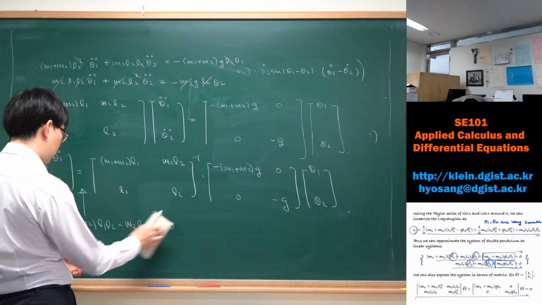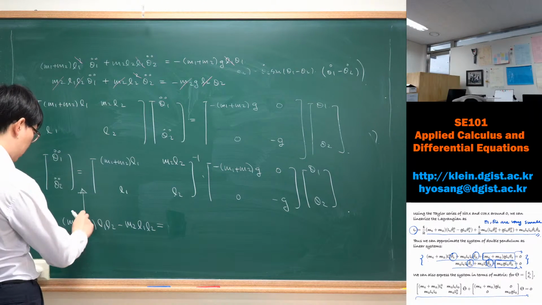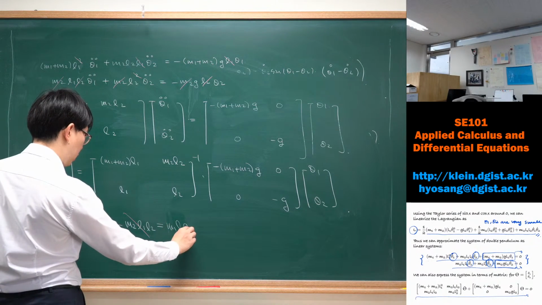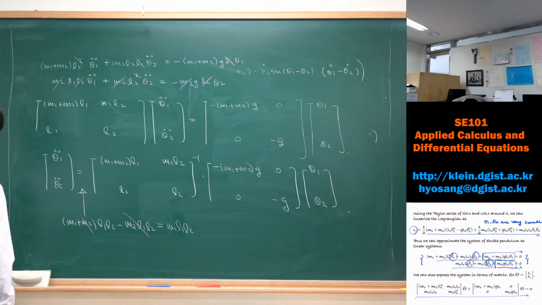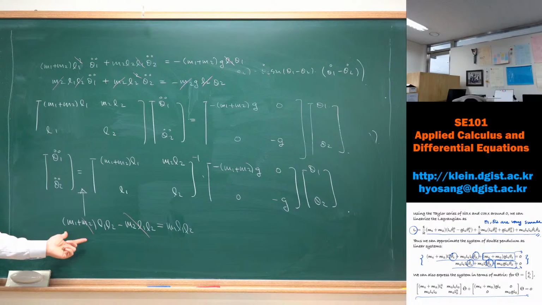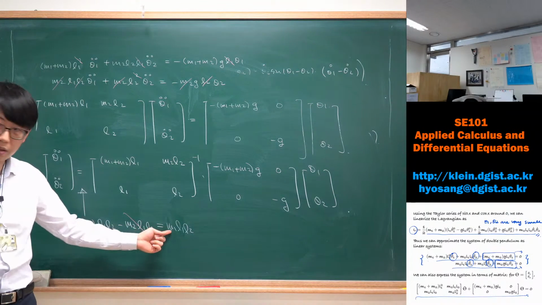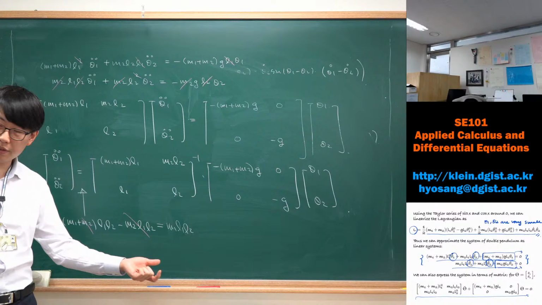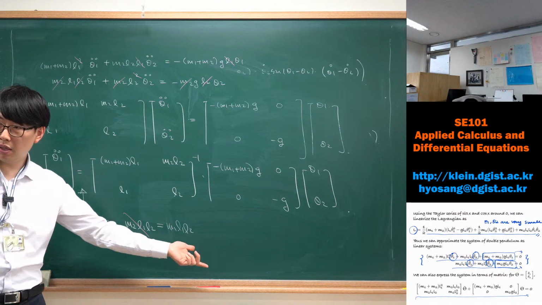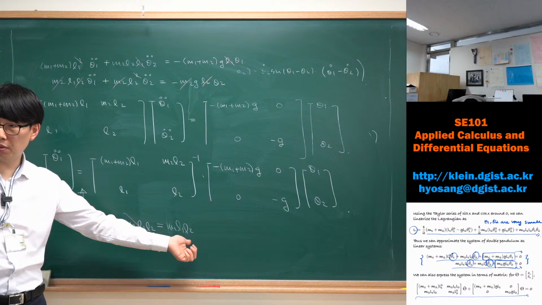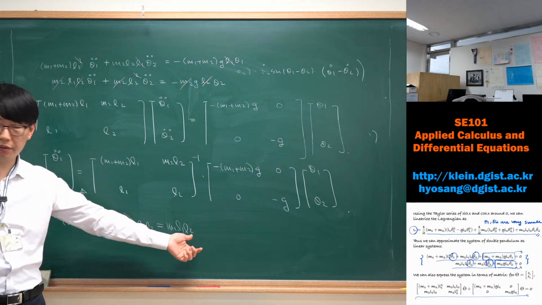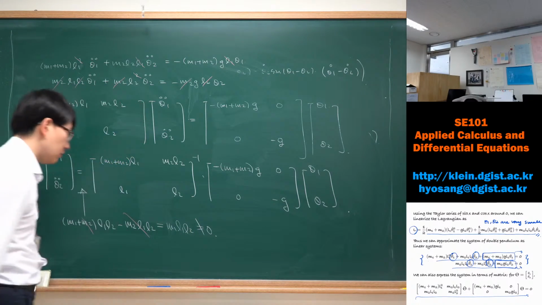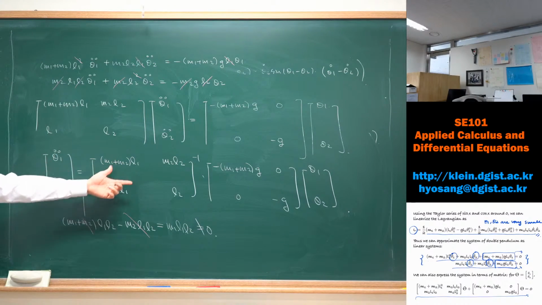There's a canceling of M2 here, so this is M1, L1, and L2. If this determinant is 0, it means that the mass of the first object is 0, or one of the lengths of the two pendulums is 0. It does not make sense, right? So it cannot be 0. So the inverse matrix always works.